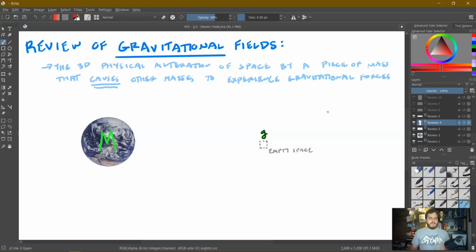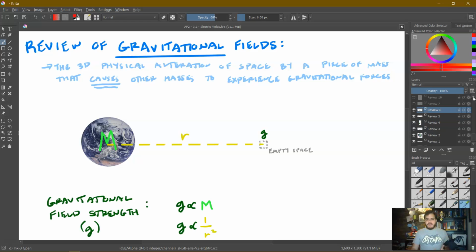Now, what were some things we learned last year about how to quantify this? One, it is going to be proportional to the size of this mass. If we have a bigger piece of mass, we're going to have a bigger gravitational field strength, or g. Additionally, it is inversely proportional to the square of r, that's separation distance.